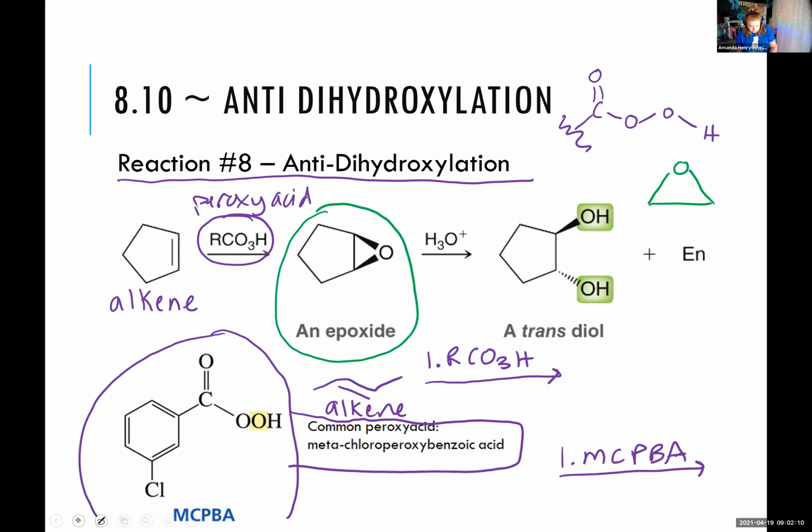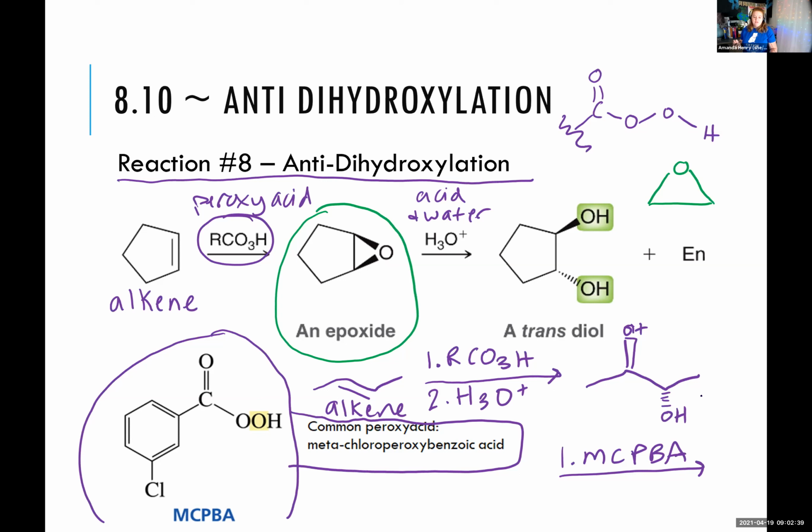So in step number 2, we're going to add acid and water, so H3O plus. And what we will make is a diol, so a dialcohol, where our stereochemistry is trans.